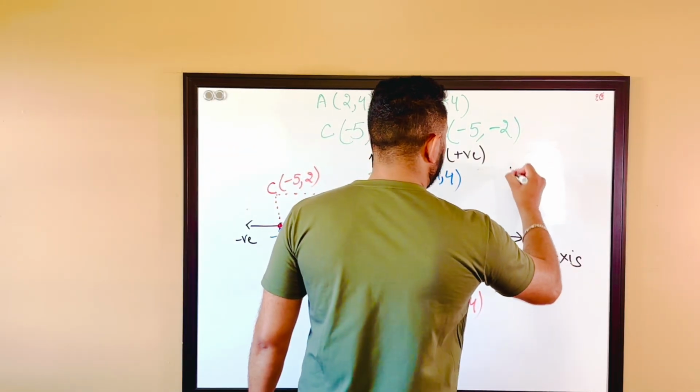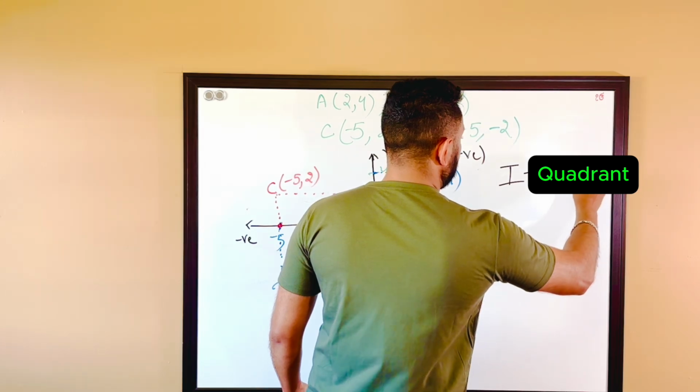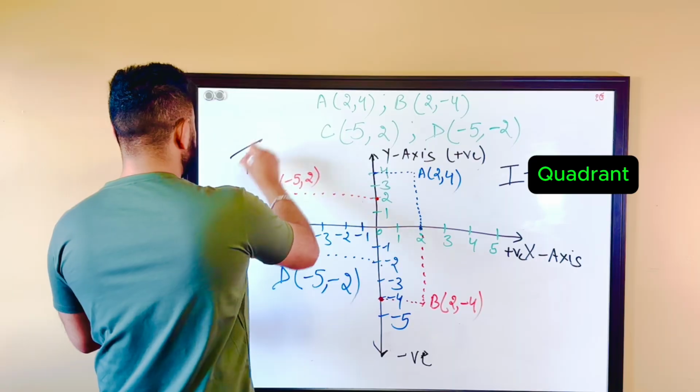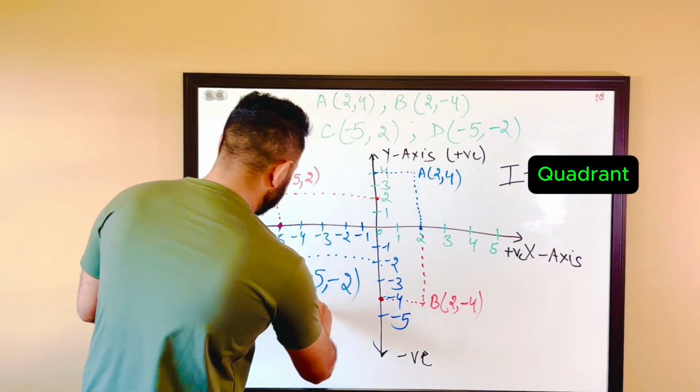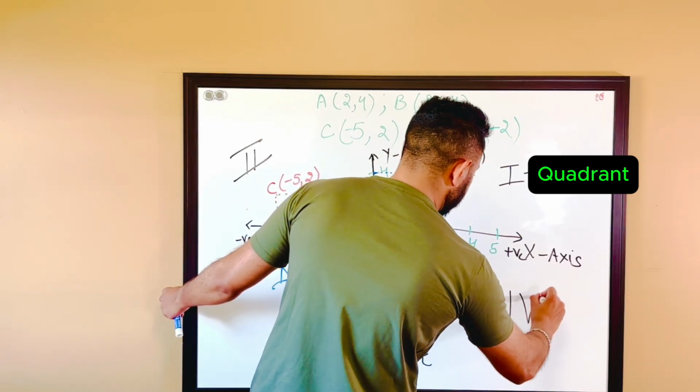So this is our first quadrant, and this is our second, this is third, and this is fourth.